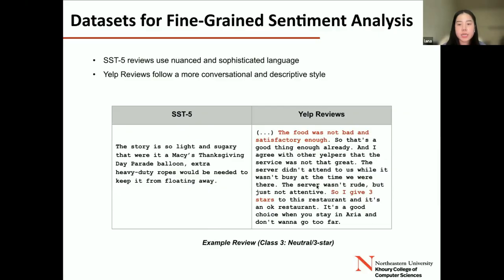Meanwhile, for the Yelp reviews, it's very straightforward. It's a user conversational language style. For example, say the food was not bad and satisfactory enough. So that's a very clear cue that this is a neutral review. And then later in the review, the reviewer could also say, "So I give it 3 stars."